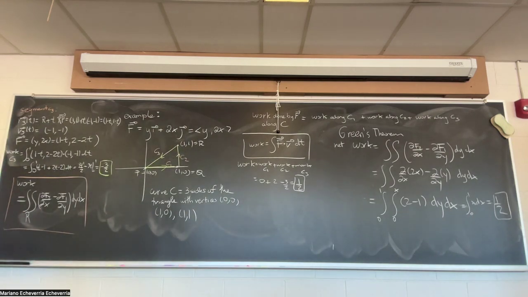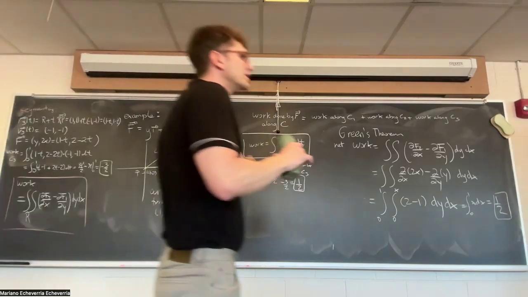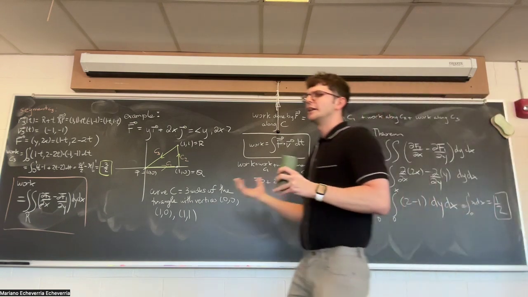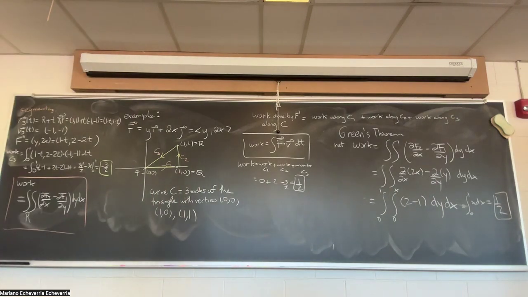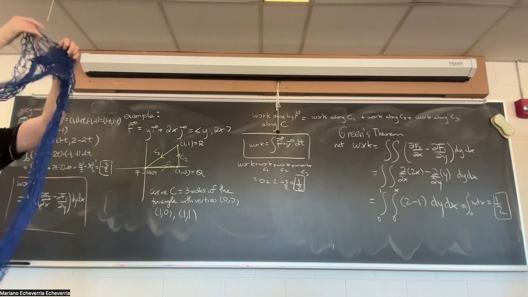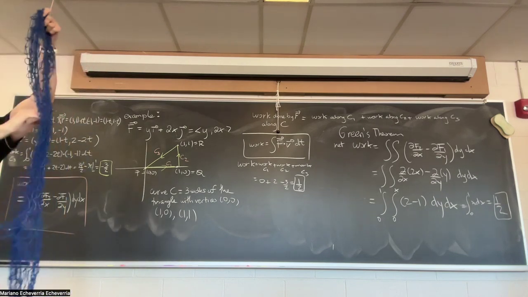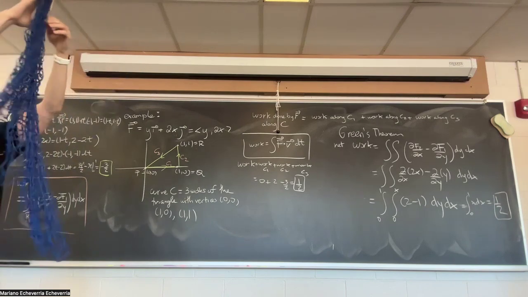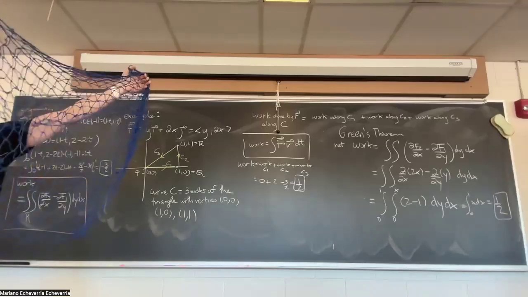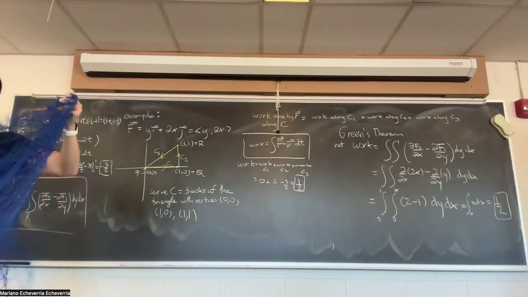Is that making sense? That's how this part of the course ties nicely to what we were doing before about double integrals, because now double integrals can appear as a way to find work. There is a version of that when the curve is in space, and for that you need Stokes' theorem. What Stokes' theorem says is that if you have a curve in space, which you can think of as the edges of a net, then you do an integral over the surface, and what you integrate is the normal component of the curl.